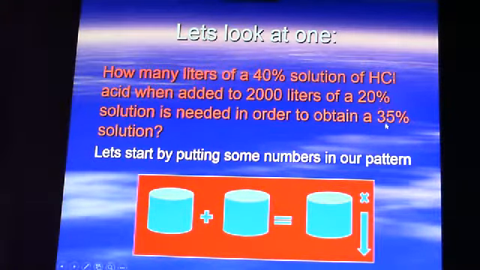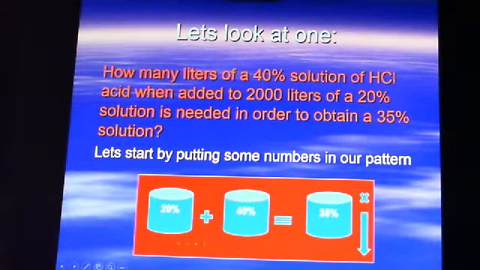So 20, 35, and 40. Out of those three, the middle one is the 35. That's the important one, the 35. So that means that 35% has to go here. Which means my other two have to go here. Doesn't matter which one goes where as long as you put them in there. So one gets 20, one gets 40, one gets 35.